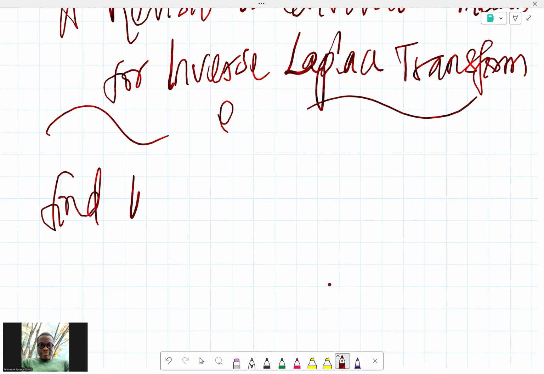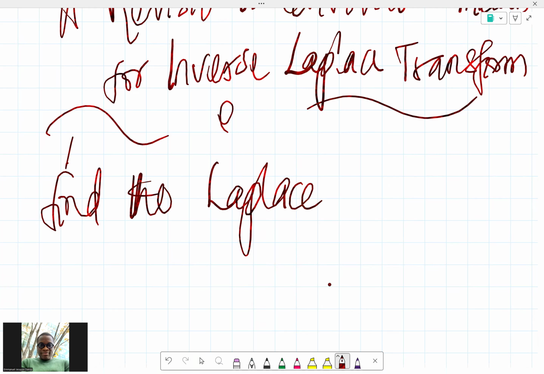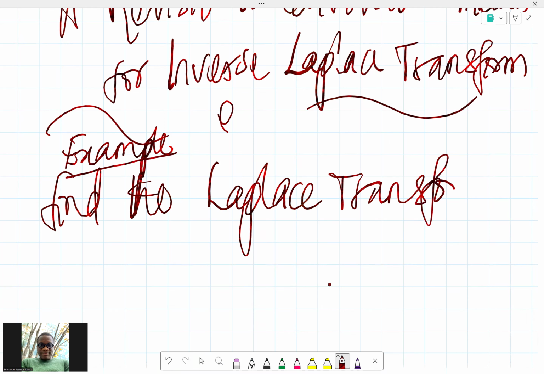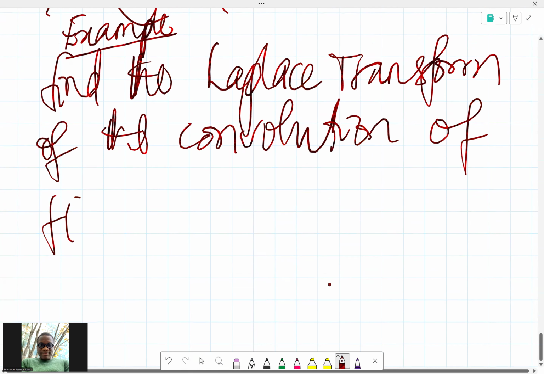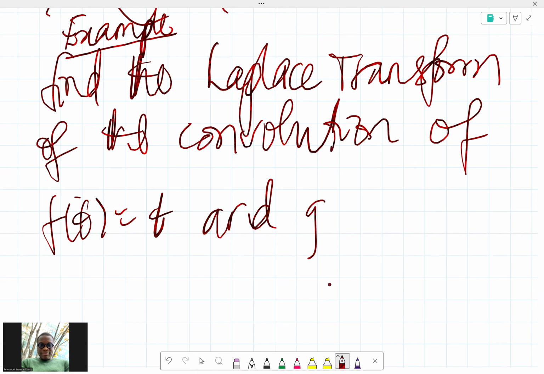Let me call this an example. Find the Laplace transform of the convolution of f of t equals t and g of t equals e raised to minus t.